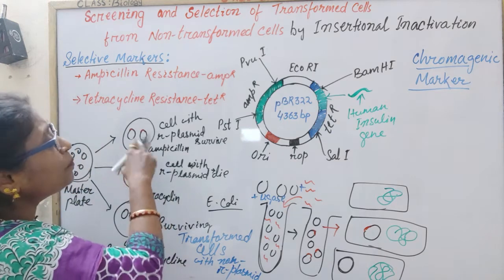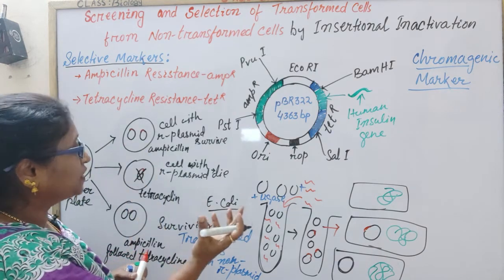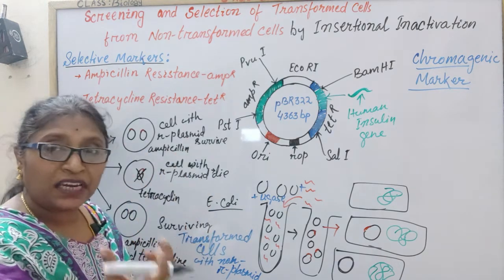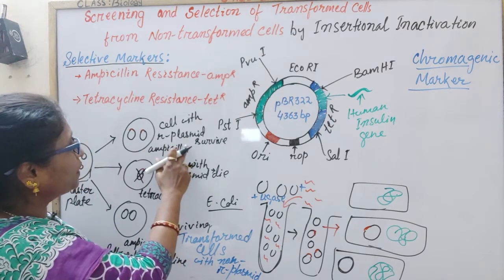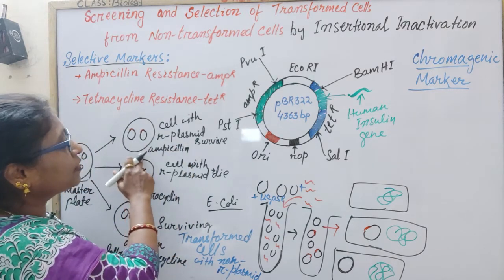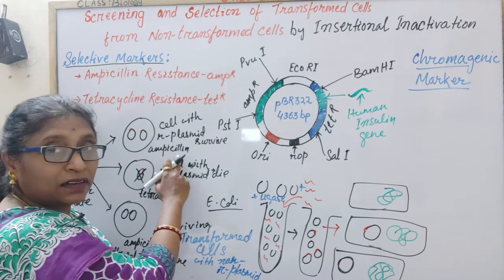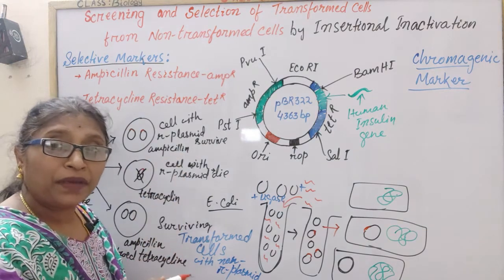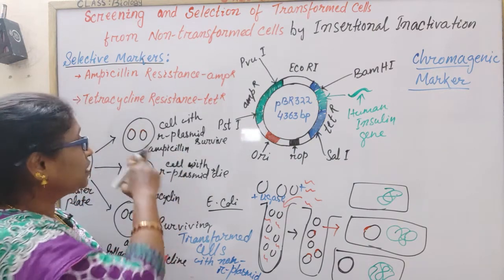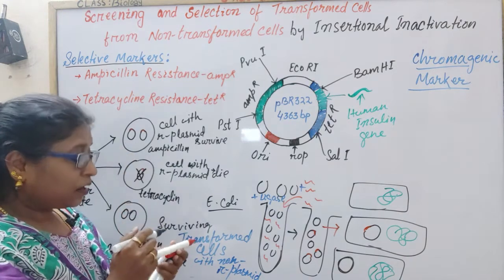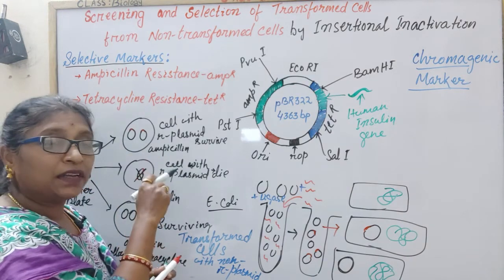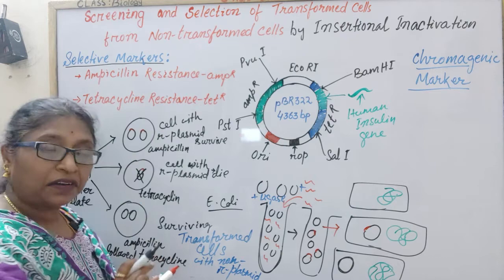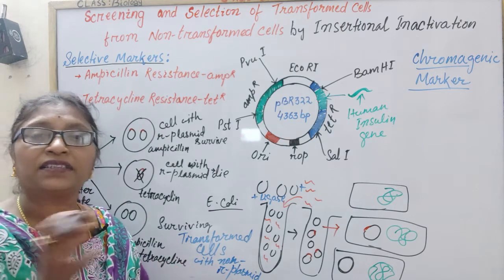And for cells that received the recombinant plasmid, if they are surviving in ampicillin but not surviving in tetracycline, that confirms that these are recombinant ones.